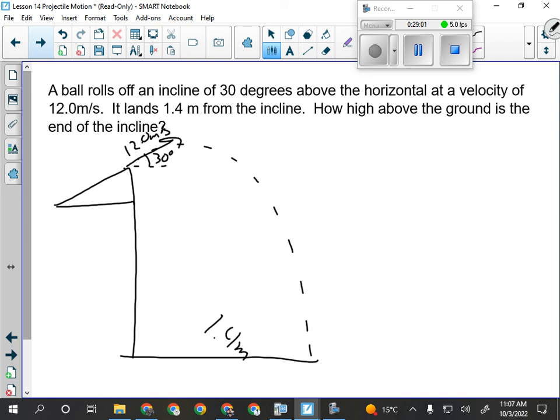We're looking for how far above the floor the incline is. So to here, what would we call this? If I'm talking about my vertical information, I would have things like VI, A, T, D. Yeah, this is my vertical displacement. That's what I'm looking for.